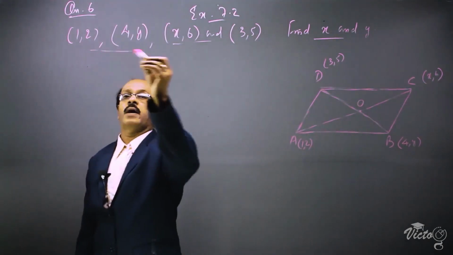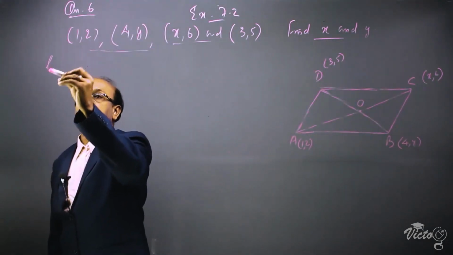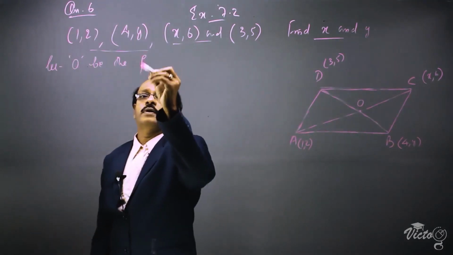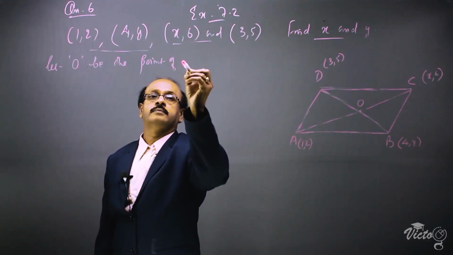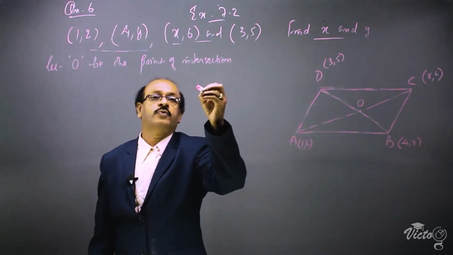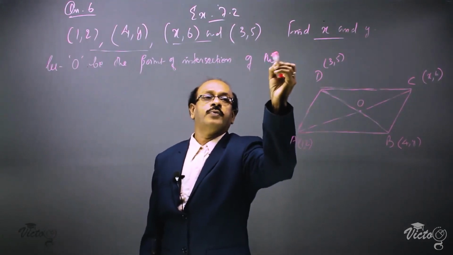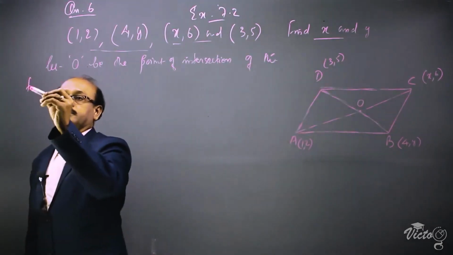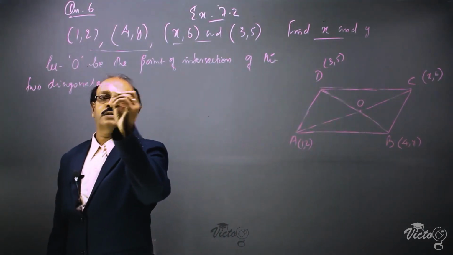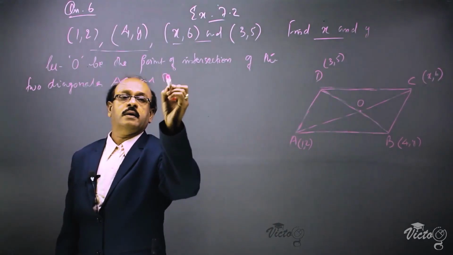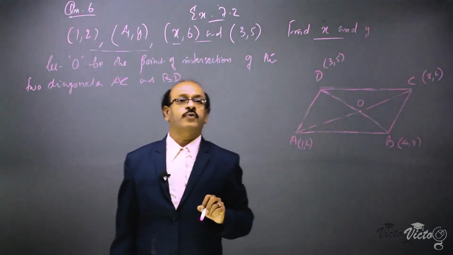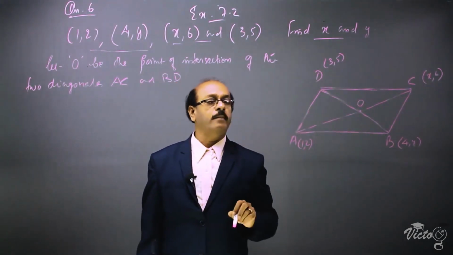Let O be the point of intersection of the two diagonals AC and BD.